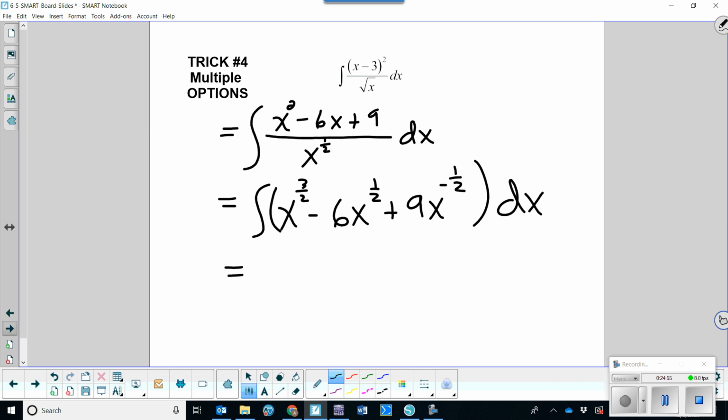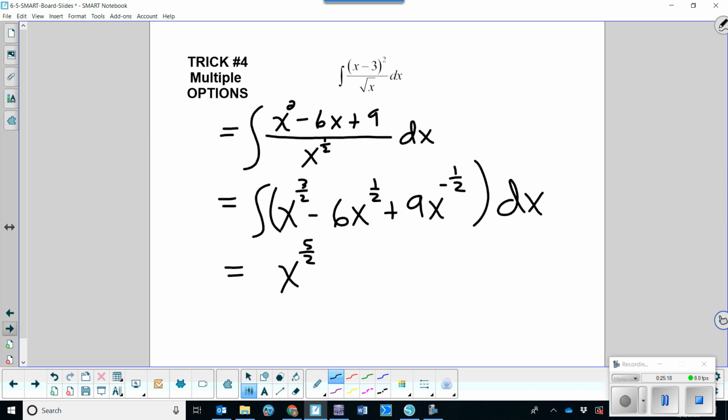Now, here's what I would do every time you have a fractional exponent. So leave a space in front for a second. I'm going to write x, and I'm supposed to add 1 to the power. So I need to think 1 is 2 over 2 for this fraction. So 3 over 2 plus 2 over 2, 5 over 2.